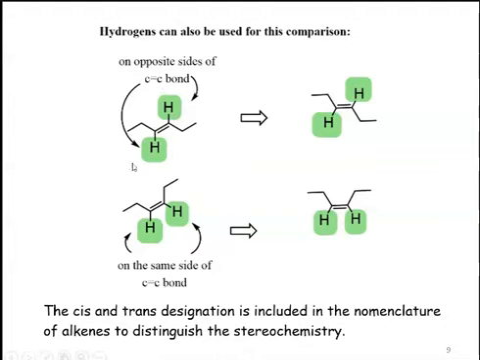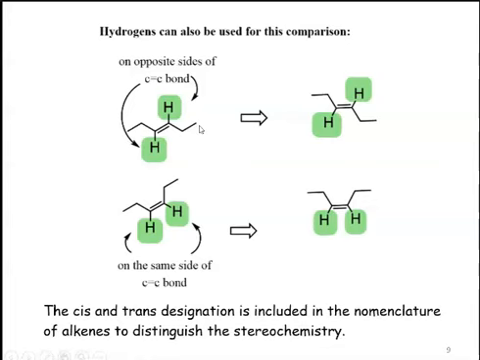Here we have taken a molecule where the carbon-carbon double bond is attached to two different types of atoms or functional groups. Here it is an ethyl group and an atom of hydrogen. There is one atom of hydrogen attached to one side of the double bond and an ethyl group on the other.